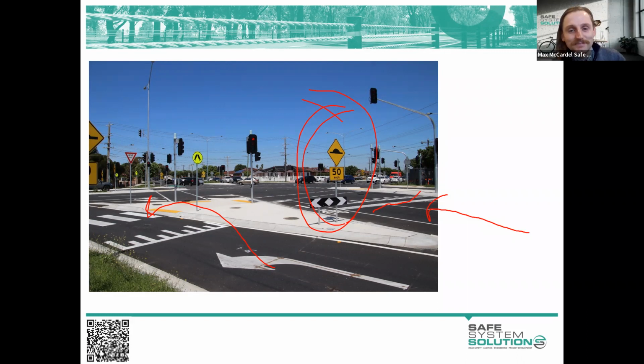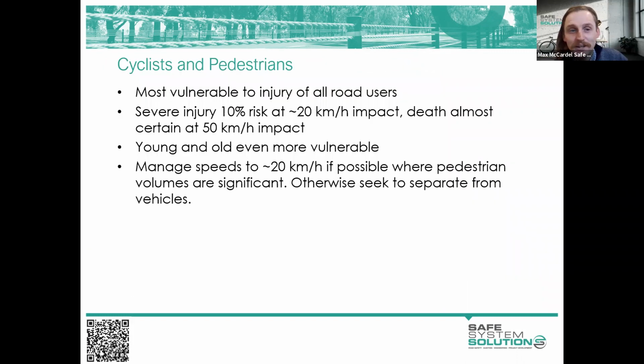Very good. All right. We'll hop into our cyclists and pedestrians. So generally seen as our most vulnerable within all of our road users, because as we're walking across or cycling across, we don't have that metal cage to protect us. It's just us. So very vulnerable.